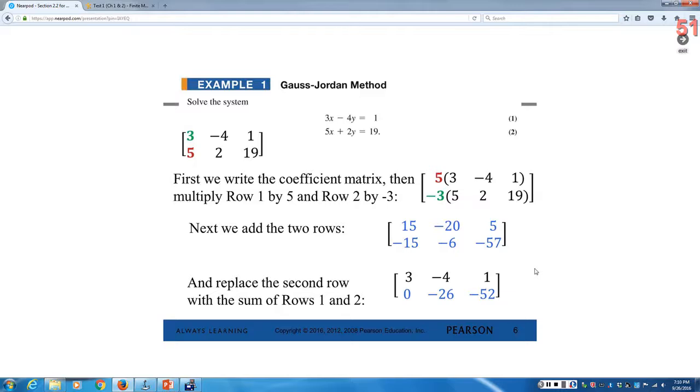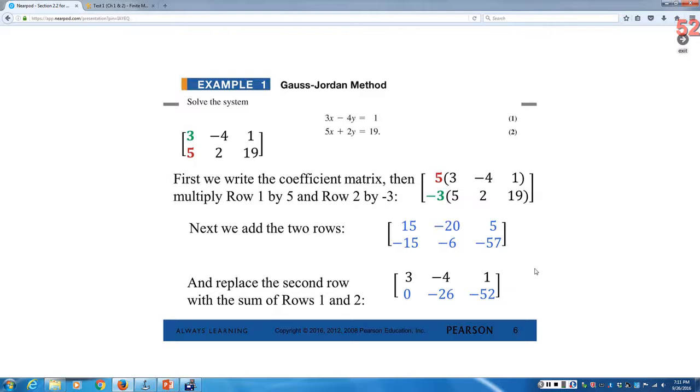I can print the Nearpod, or I can always give you a code just for you. Okay? I put a little bit more detail into the Nearpod one because I felt like it would be easier to understand if I did.